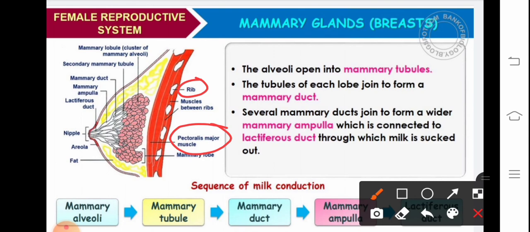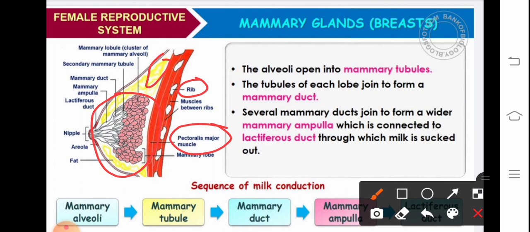Clear? Now these are the fats. Can you see the yellowish color? Yes, these are the fats. The amount of fat is variable, and this whole structure is the glandular tissue.